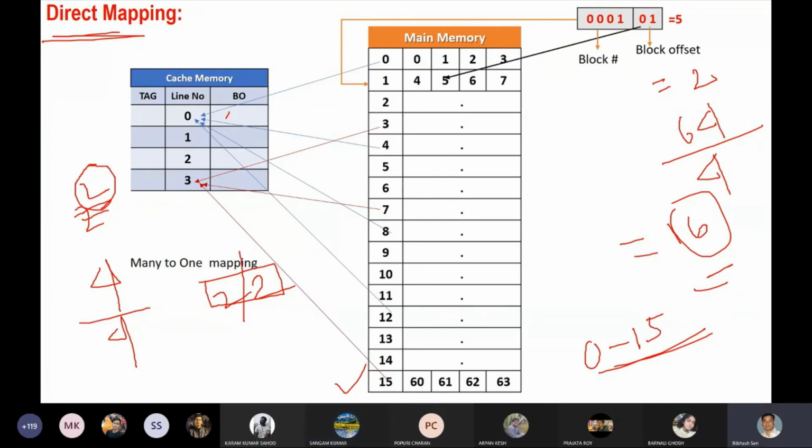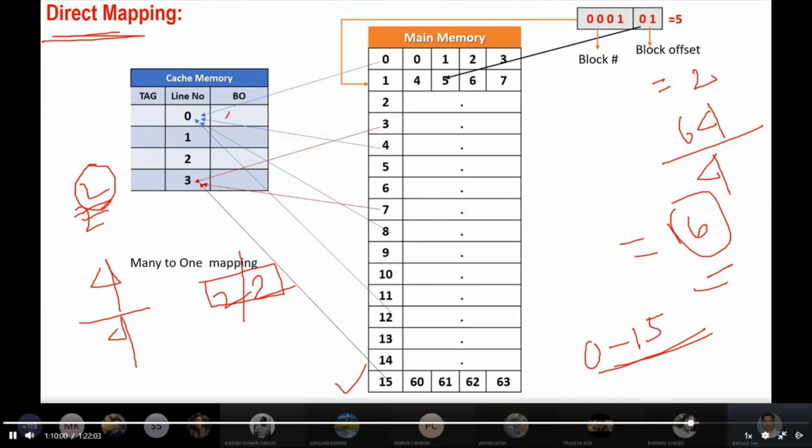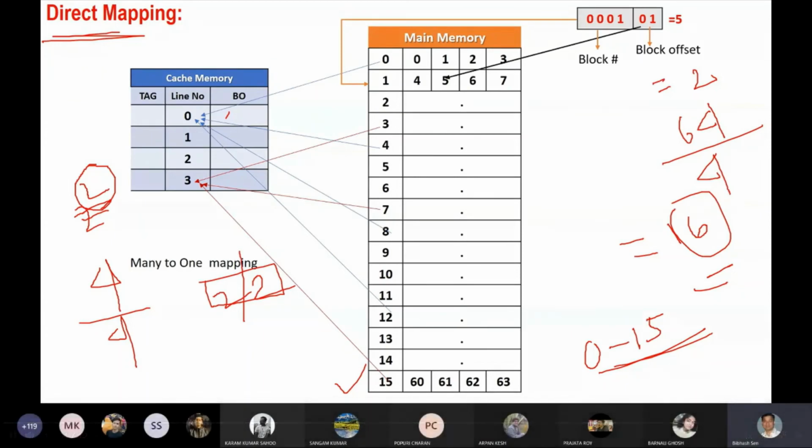Cache size is 16, divided by block size. Block size is 4. Yes, sir. Then how many cache lines will be there? So 4. Okay, understood. Okay, no confusion should be there.